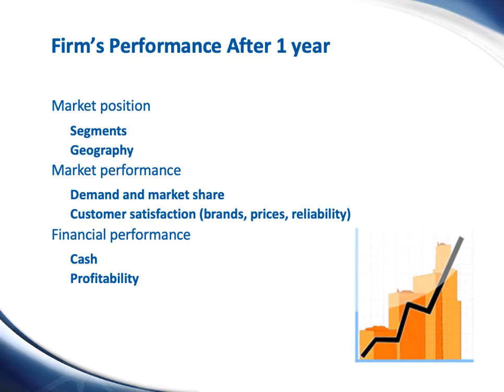What's the demand for your product? What's your market share? How do your customers perceive you in regard to the satisfaction on your brand, price, and reliability? What's your financial performance and your profitability? So cash is king, as we know, and what's the profitability with the actions you have taken so far?